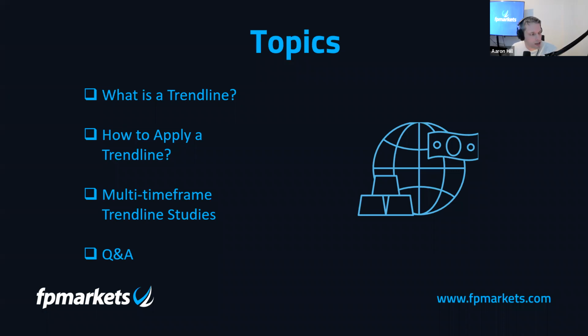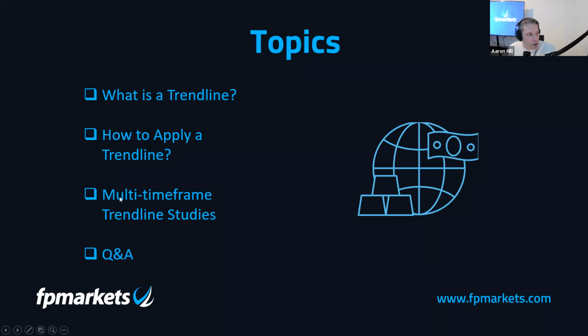As for the presentation topics, we're looking at what a trend line is and its use for us as traders and investors. In line with explaining what a trend line is, we'll also take a look at the correct, the textbook way to apply a trend line. I will also try to squeeze in some other ways traders use trend lines, albeit not considered textbook approaches.